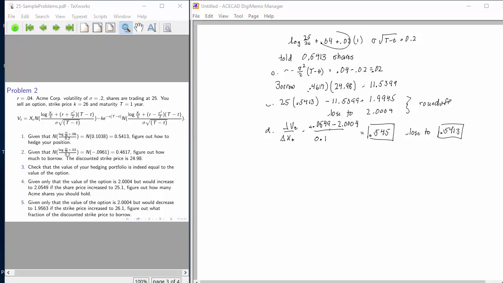The reason these are not exactly the same is partly round off, but partly because I approximated a derivative by a finite difference. Well, now all we need to do is figure out how much money we need to borrow, and the way you can do that is by estimating the derivative of the option price with respect to the strike price.